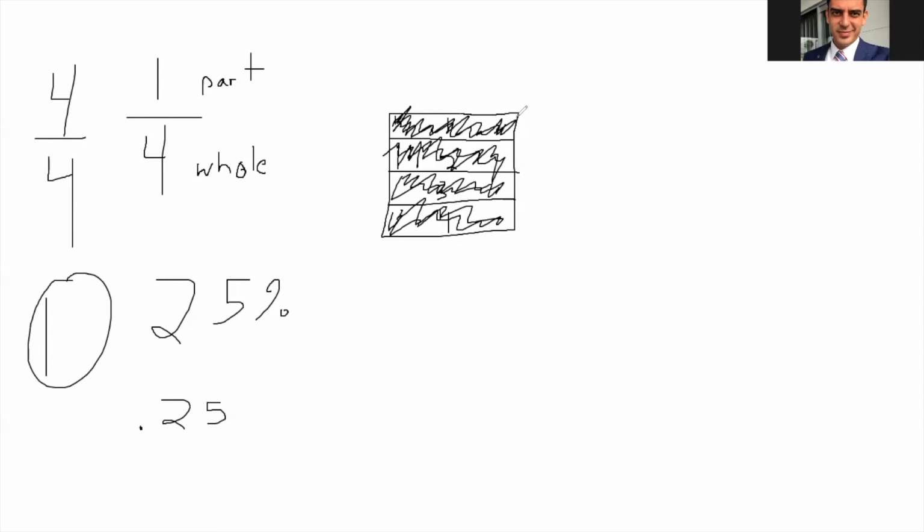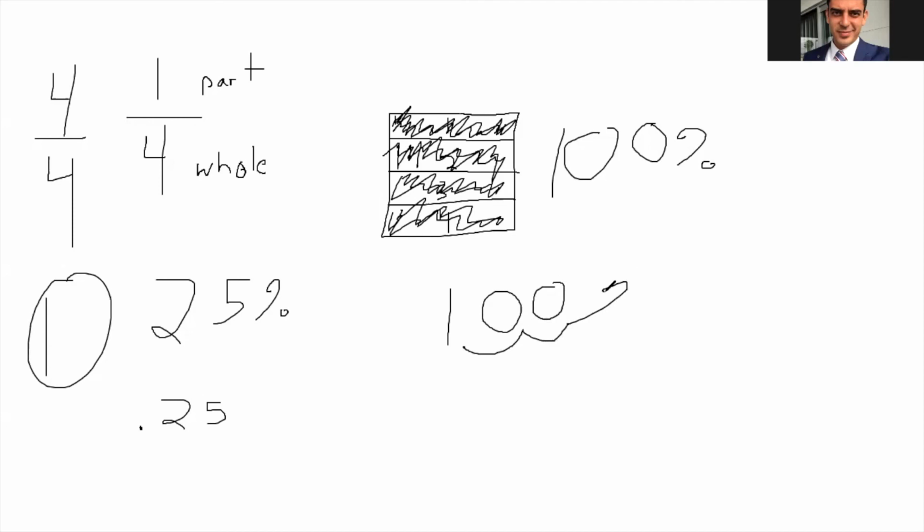So the whole thing, that is 100%. Because technically, if you say 1.0, and then you move it over 2 times to the right, that is 100%.